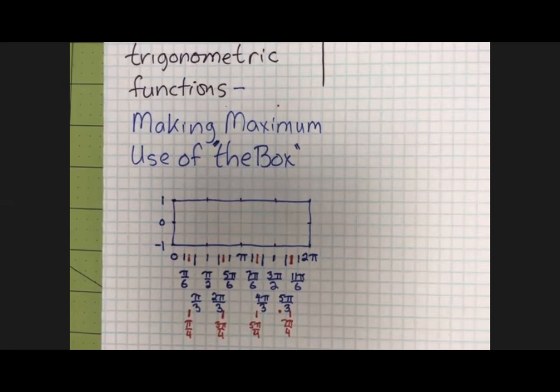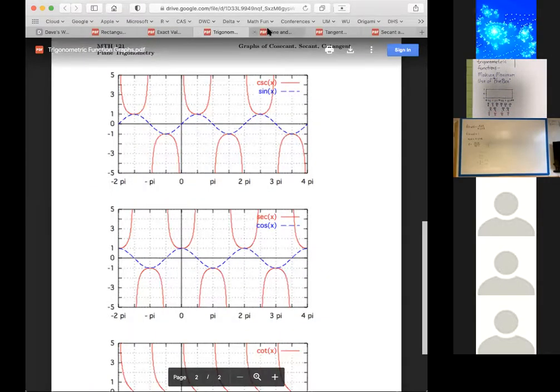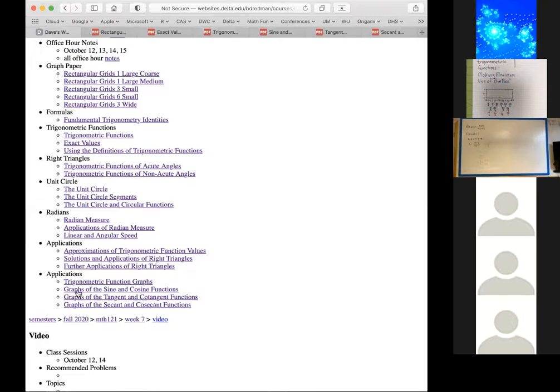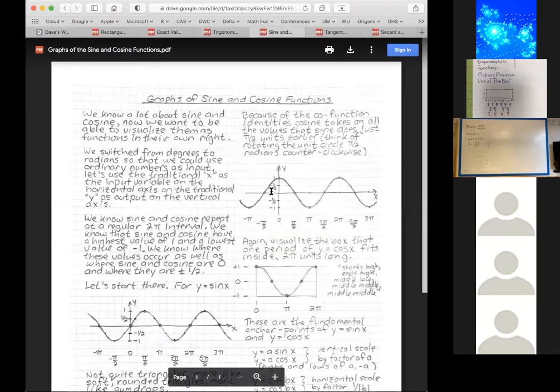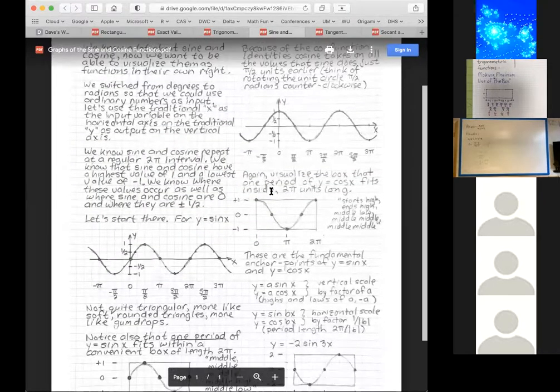On our webpage, I already showed you these handouts last week. Not these graphs, but 3 handwritten handouts called the graphs of sine and cosine functions, the graph of tangent and cotangent functions, and the graphs of secant and cosecant functions. If you click those links, then you see these explanations here.